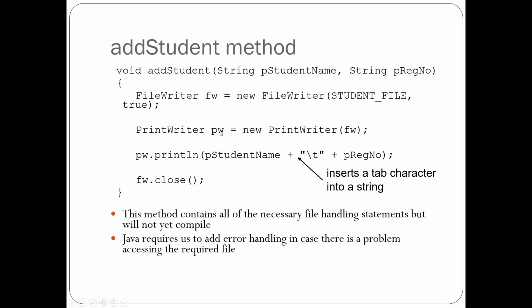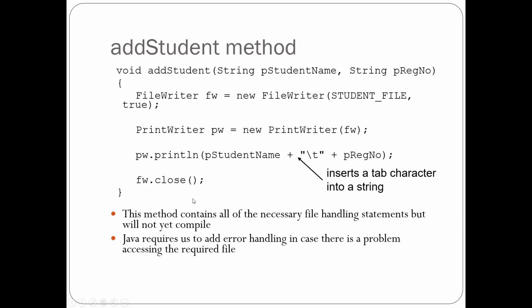And then in the print writer object, we're going to use the print line command, which will be a student name and then a tab. Now a tab is \t, so it'll be the student's name, a tab, and then the reg number, which will get written to the file, and then we're going to close the connection.